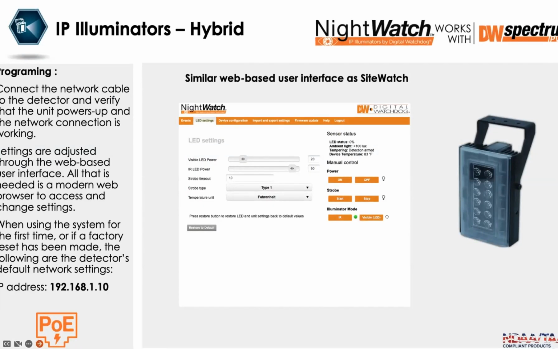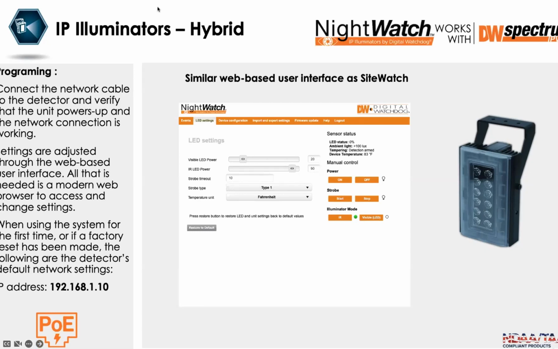Okay, and the hybrid illuminators are set up the same way, and with the IRs again, we have the same IP address as the default address. Okay, so you need to be aware of that, and not plug one of these in at the same time you plug in a SiteWatch until you have readdressed them. And they are going to be a static address only device.